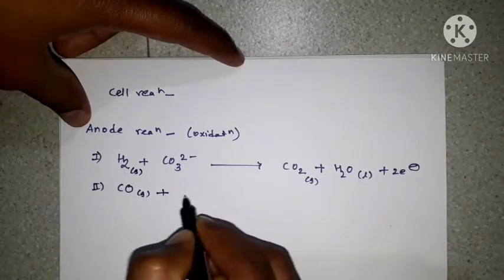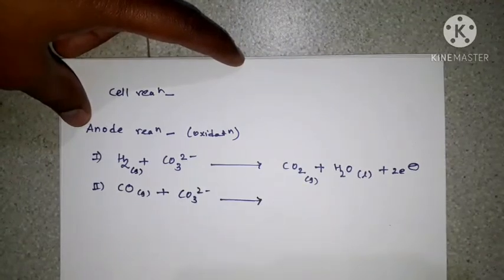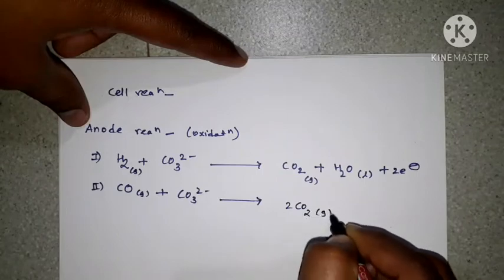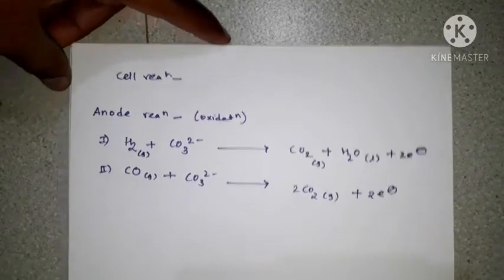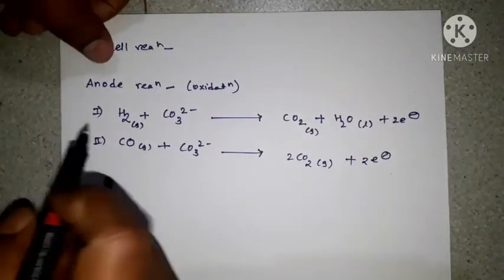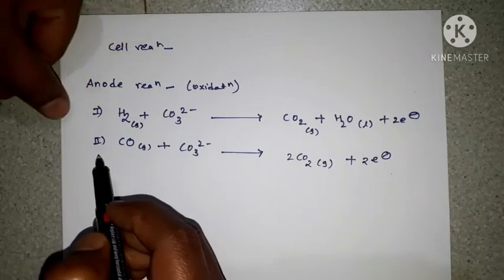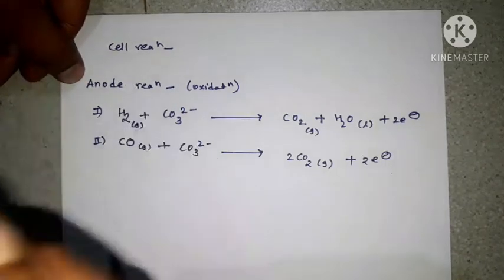Carbon monoxide also reacts with carbonate ion, then you get 2 moles of CO2 gas plus 2 electrons. So these two reactions are the two half cell reactions occurring at the anode.